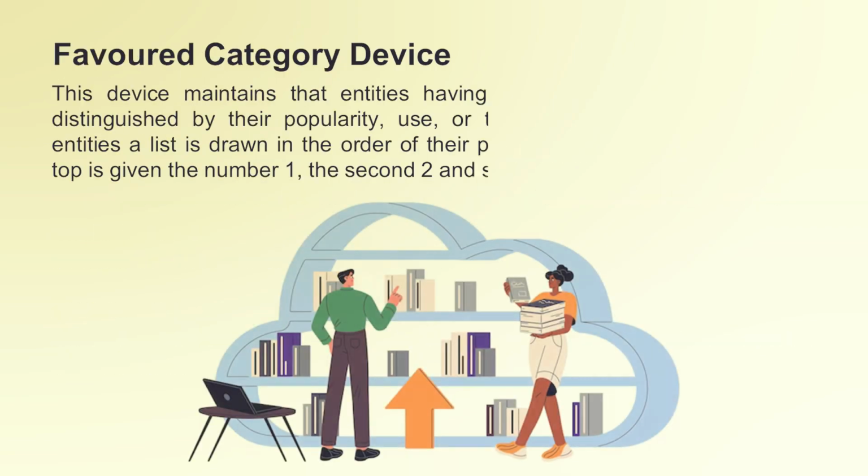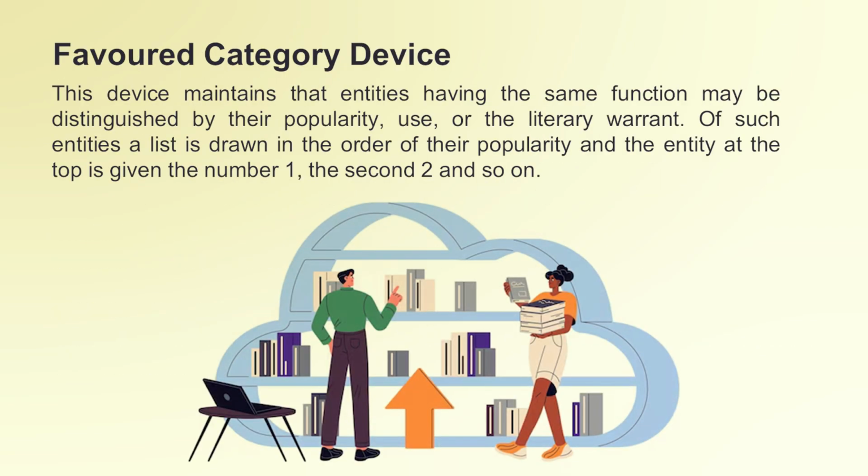The favored category device. The device maintains that entities having the same function may be distinguished by their popularity or use or the literary warrant. Of such entities, a list is drawn in the order of their popularity, and the entity at the top is given the number 1, and the next comes the second one as 2, and so on.